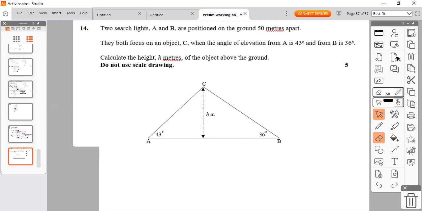Ugh. What have we got? Two searchlights, A and B, positioned on the ground 50 meters apart. So you've got a distance there. I'll shrink that a wee bit.